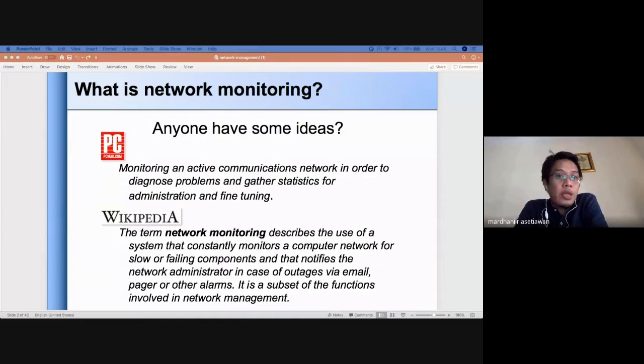This tries to capture the traffic that occurs from active communication in the networks, for example internet traffic, communication traffic, video on demand traffic, and also access traffic to the server. Then we try to diagnose the problems that occur in the middle of the network communication, which may come from inside the network or outside of the network.